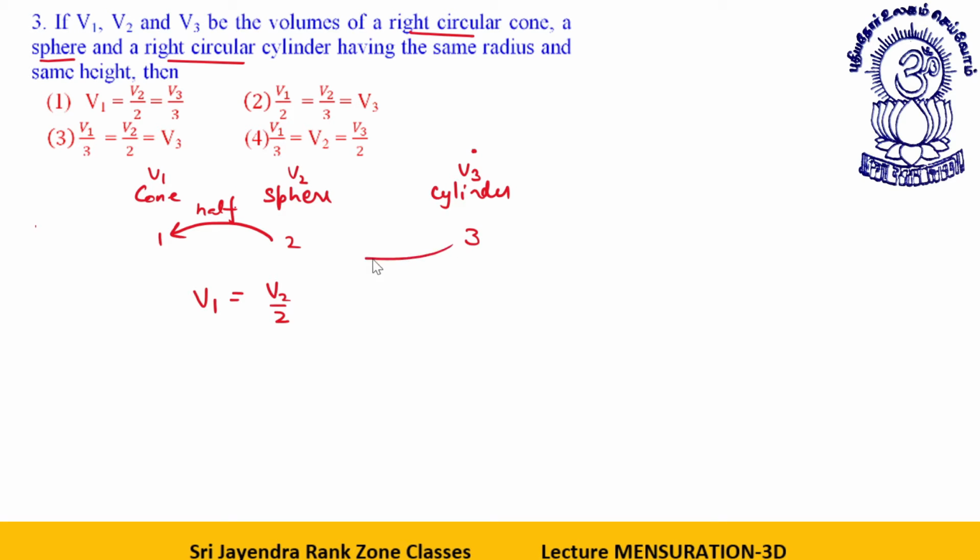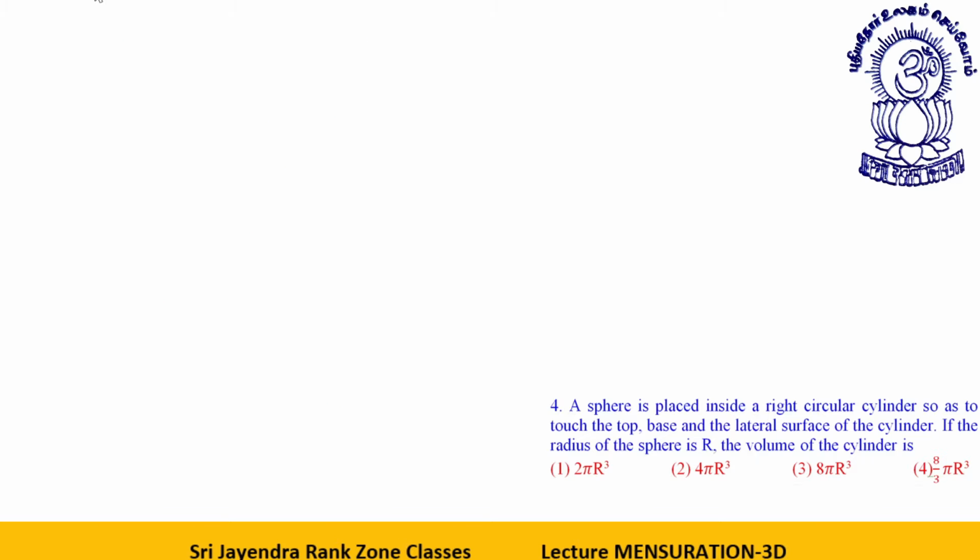Similarly, if I do one third of this, I'll get to this. That is V3 by 3 is equal to V1. Then I can say V1 is equal to V2 by 2 is equal to V3 by 3. This is your answer, my dear lovely students. Shall I move ahead to the next one?